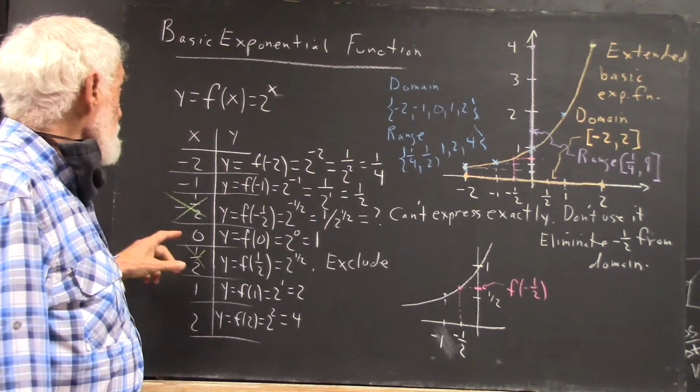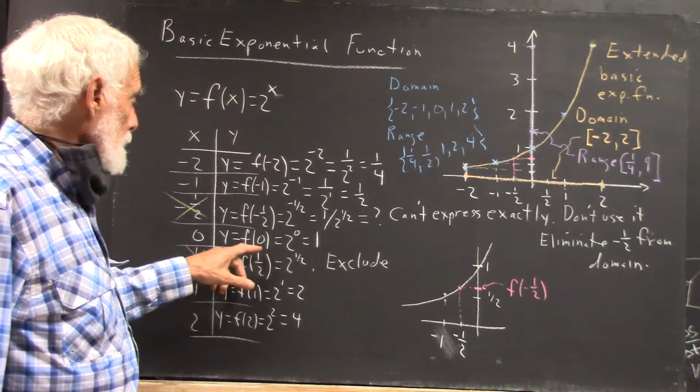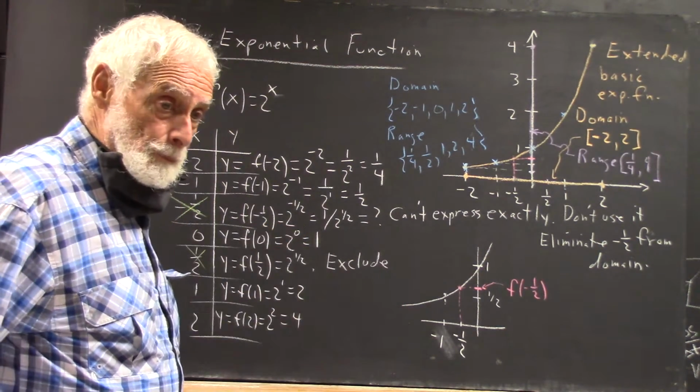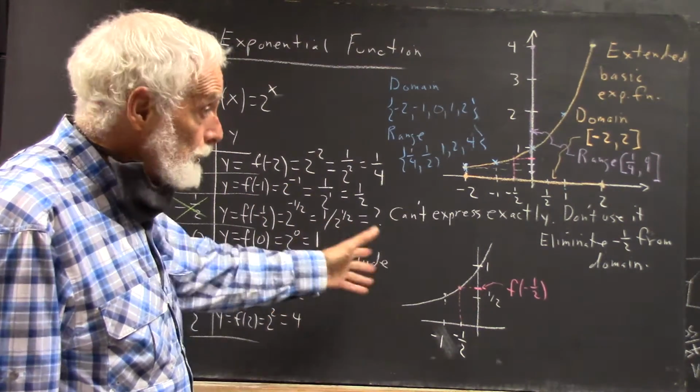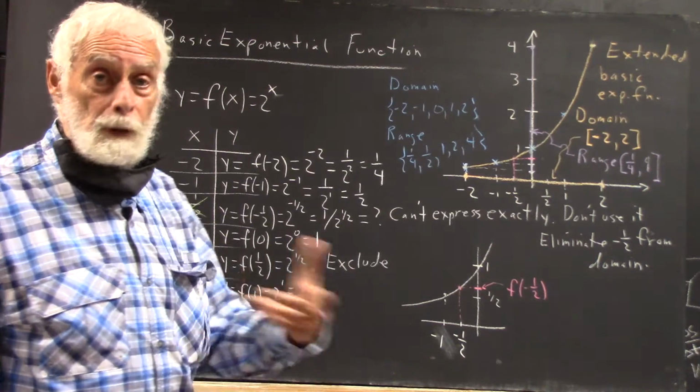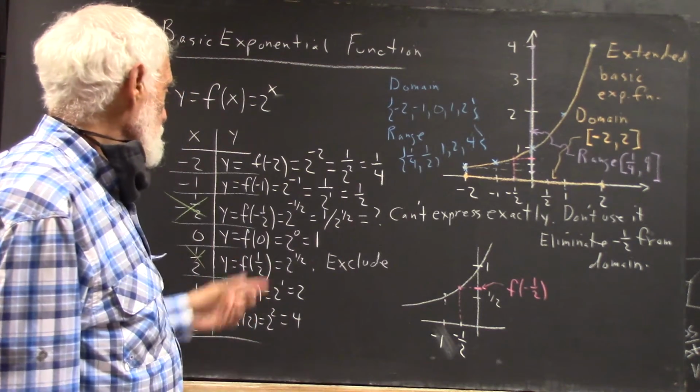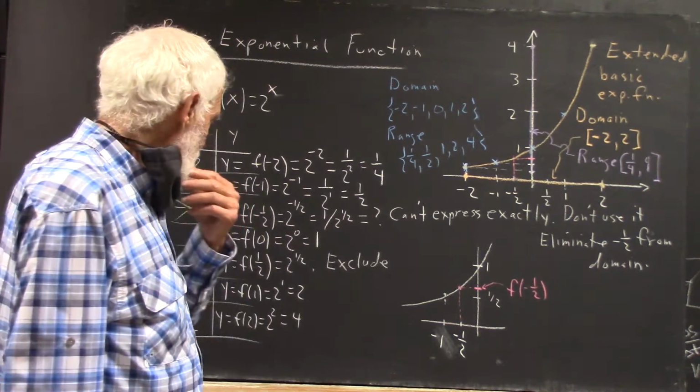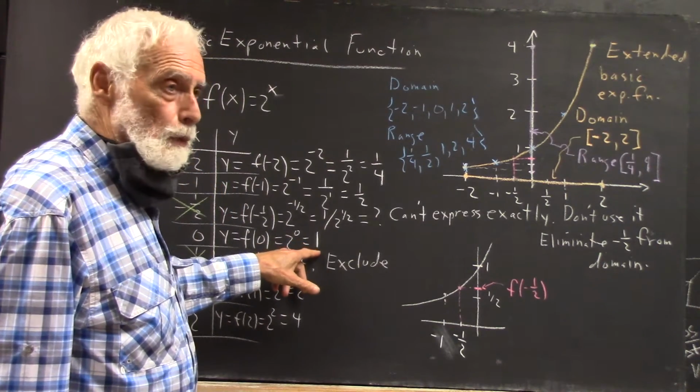Now, if x equals 0, then f of 0 is 2 to the 0. People often want to write 0, but that messes up the graph, messes up the whole shape of everything, misleads you, and ignores the fact that 2 to the 0 has been defined to be 1.